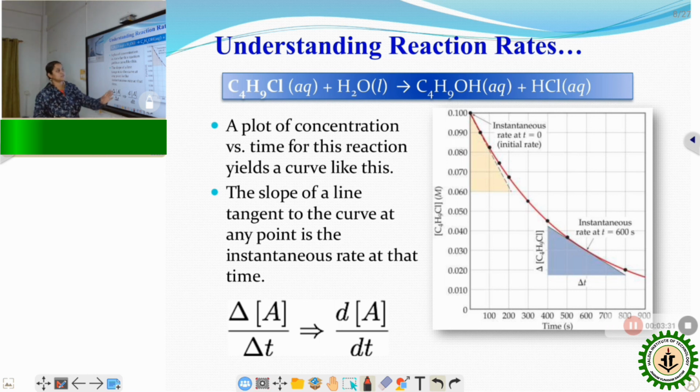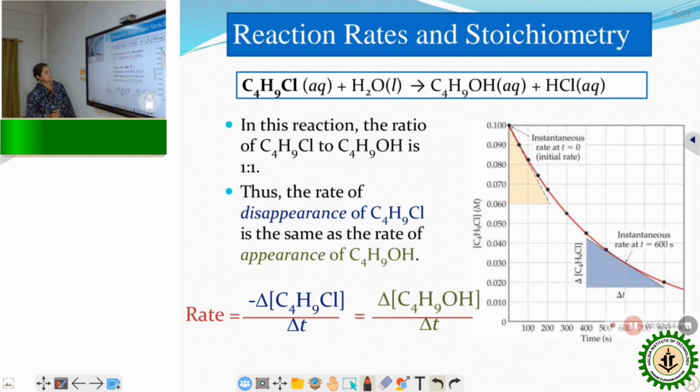If we plot the concentration of the reactant molecule versus time, there is a steady decrease of concentration, and the differential form of the rate of a reaction is represented as dA by dt, where A indicates the concentration of the reactant molecule.